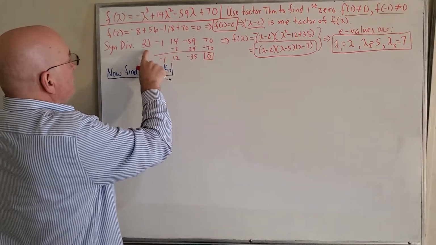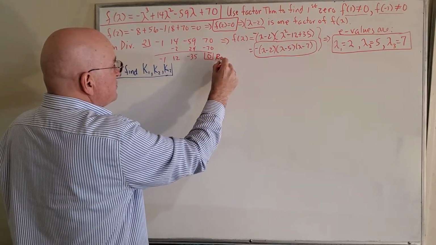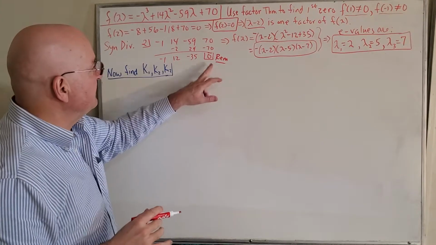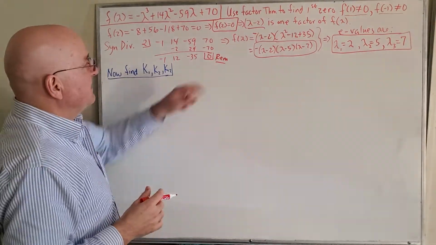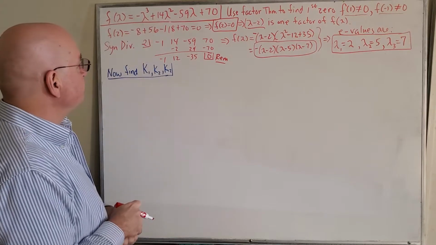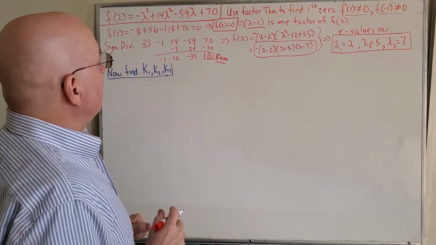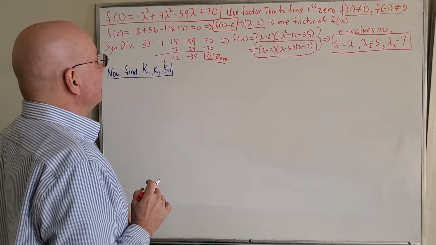And when I do the synthetic division, I end up with the remainder of 0, which was totally expected. If I got something different, it means I made a mistake, because I know that lambda minus 2 is a factor of this polynomial.